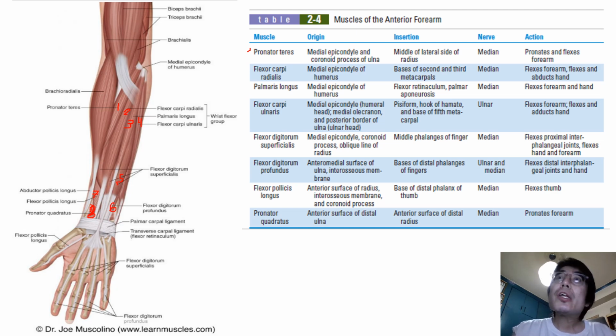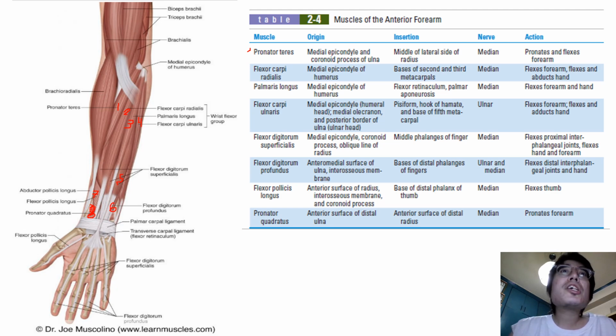It inserts into the pisiform, which is one of the carpal bones in the proximal row, the hook of the hamate, and the base of the fifth metacarpal. The flexor carpi ulnaris, in contrast to the first three, is innervated by the ulnar nerve, and it also flexes the forearm and flexes and adducts the hand.